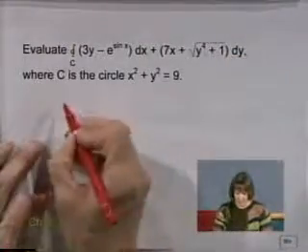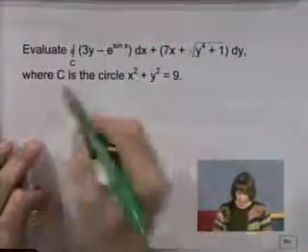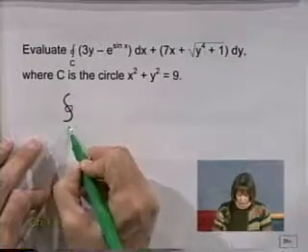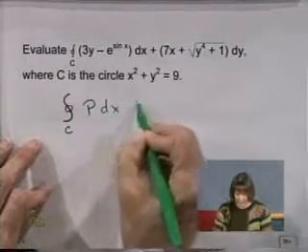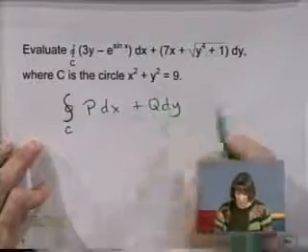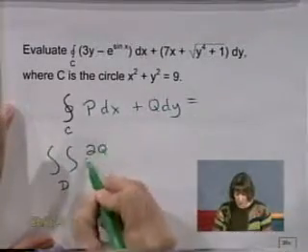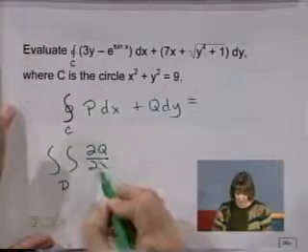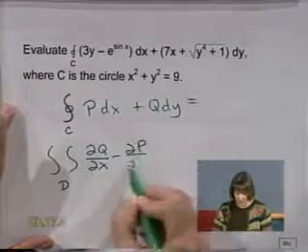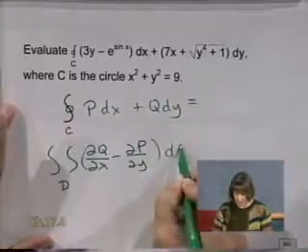Instead, we say the integral over the curve of P dx plus Q dy is equal to the integral over the region of partial of Q with respect to x minus partial of P with respect to y, and then we'll just say dA.